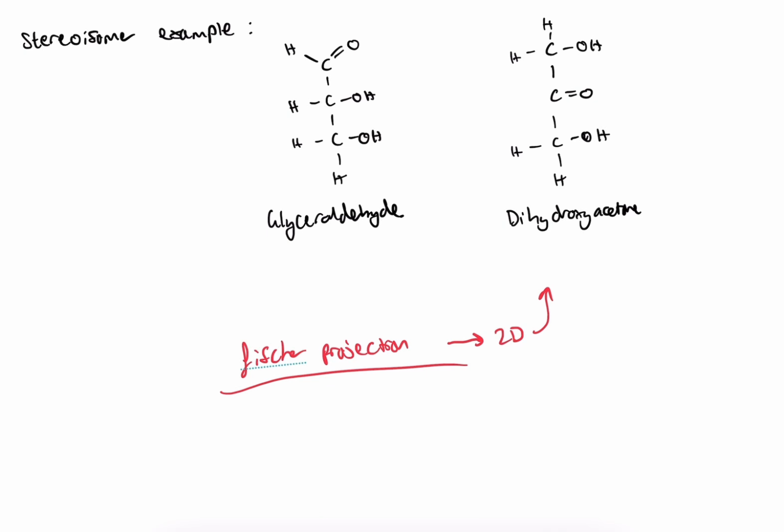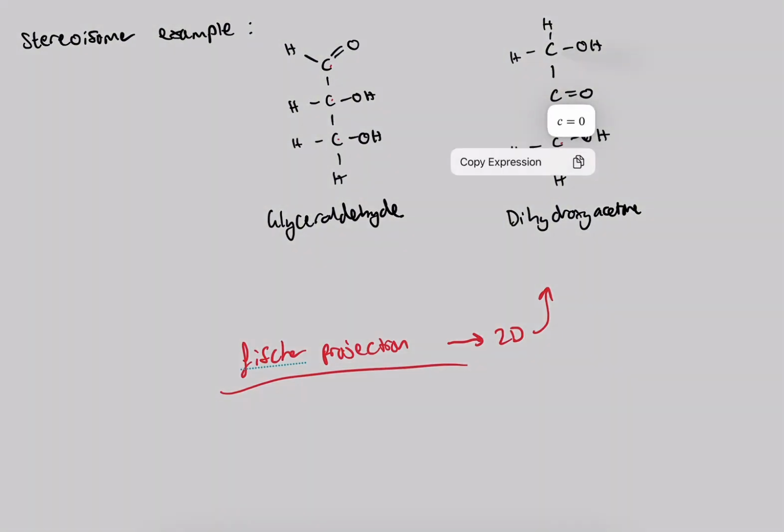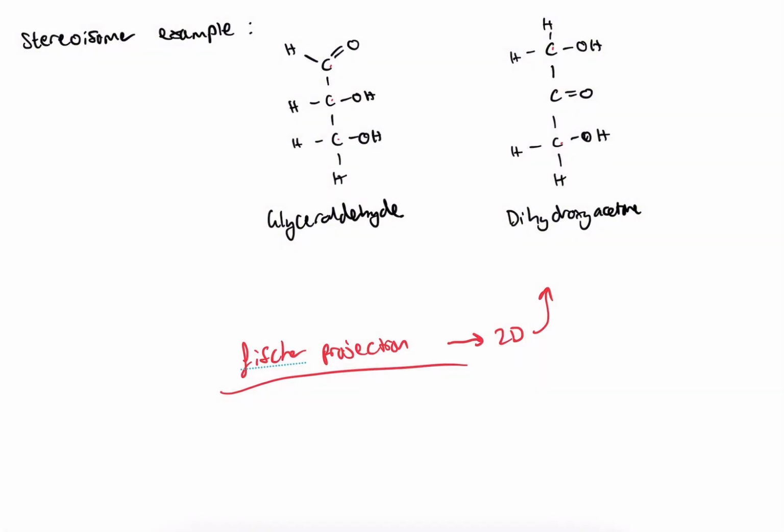Anyway, here, if you count, we have 3 carbons, here, here, and here. So basically, as we can see, 3 carbons on this side and 3 carbons on this side. If you count the hydrogens as well, 1, 2, 3, 4, 5, 6, and 1, 2, 3, 4, 5, 6.